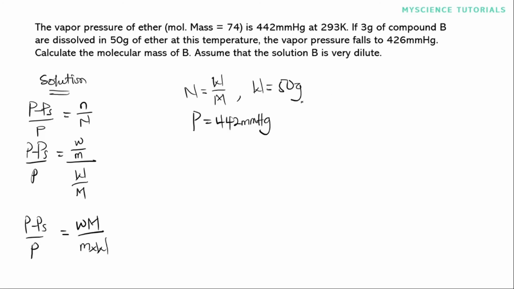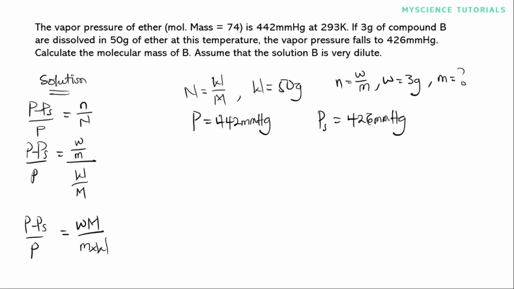At this temperature, the vapor pressure falls, so the vapor pressure PS of the solution is 426 mmHg. The compound B is the solute, with small w, the mass, being 3 grams, and the molar mass small m we don't know.